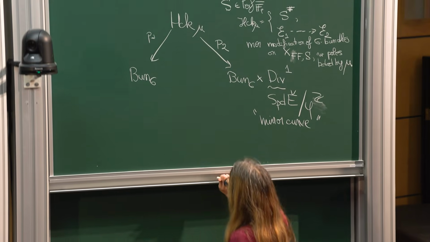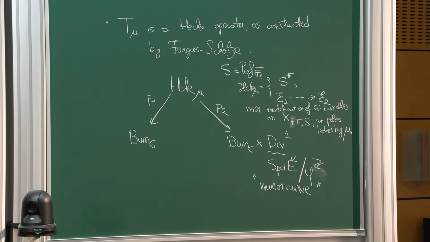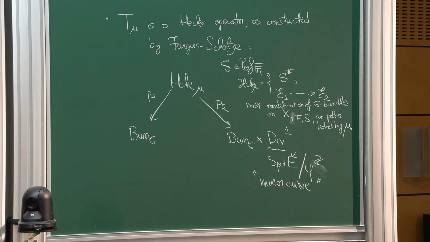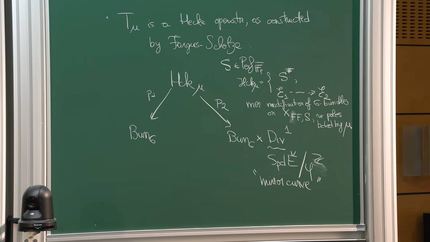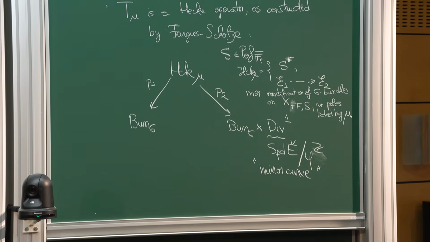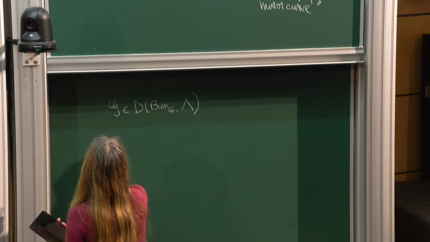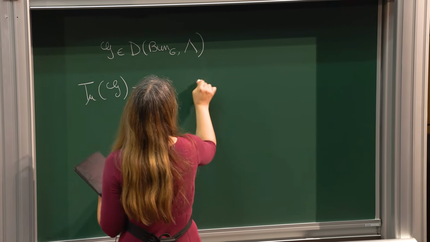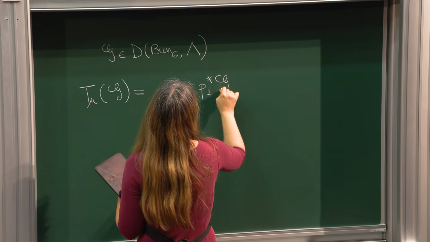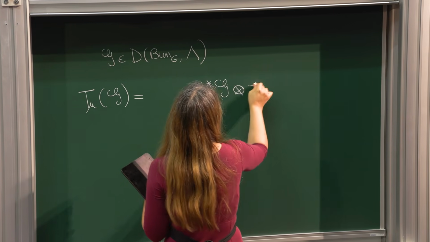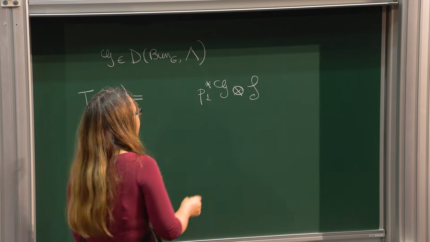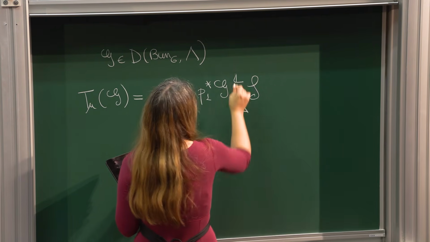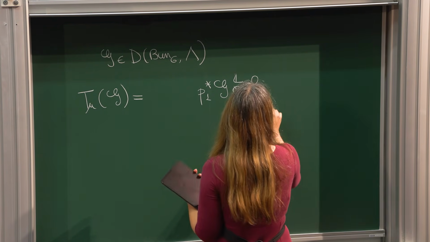All right, so the formula for the Hecke operator is, if I have G, a sheaf on Bun_G in this category defined by Fargues and Scholze, then T_mu of G is you take p_1 upper star of G, you tensor it with some Satake sheaf, so the derived tensor product over lambda.